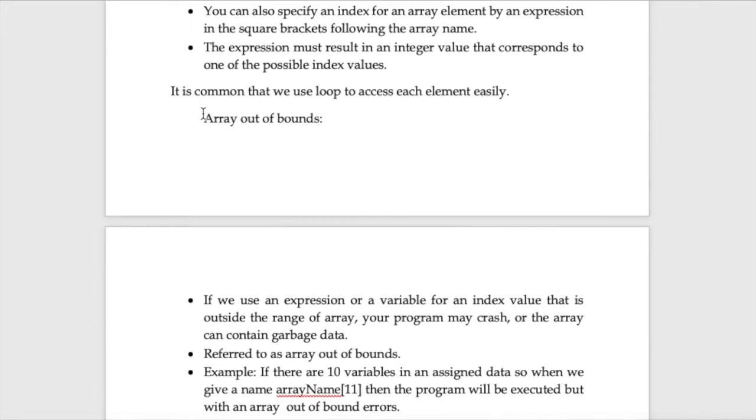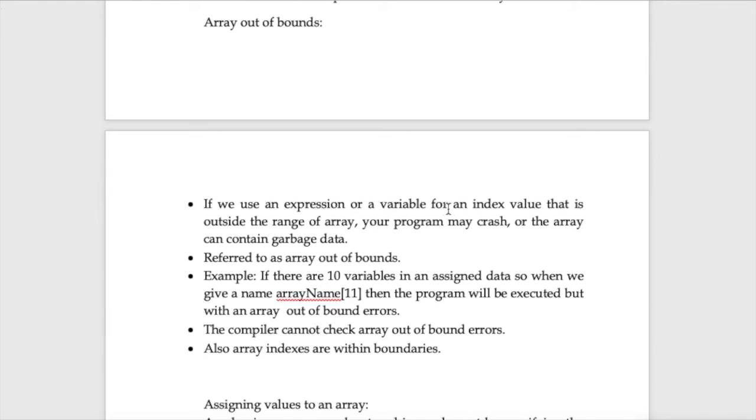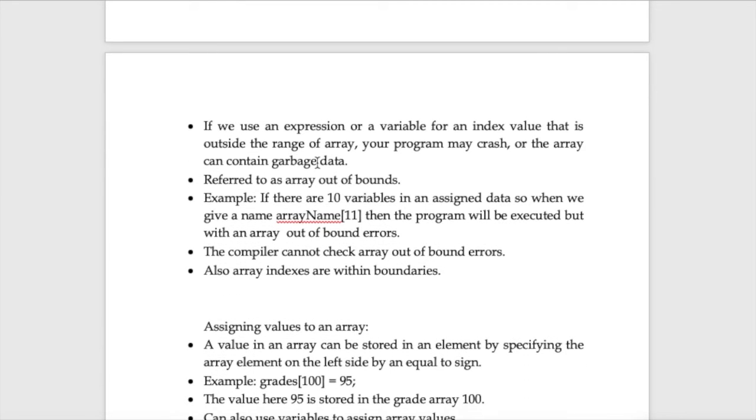Okay, we will now discuss array out of bounds. If we use an expression or variable for an index that is outside the range of the array, a program may crash or the array contains garbage data. This is referred to as array out of bounds. So here is an example which will provide further clarity.